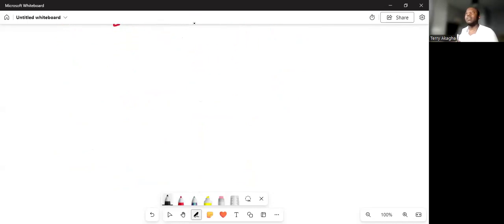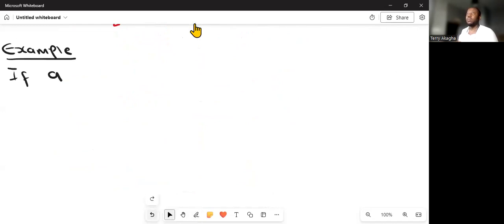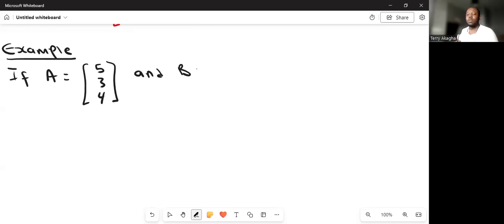So let's say we have this. You are told if A is equal to 5, 3, and 4, and B is equal to 1, 2, and 3.